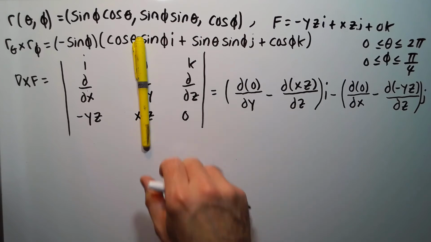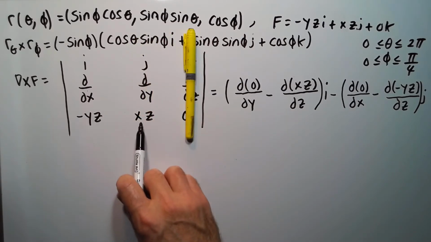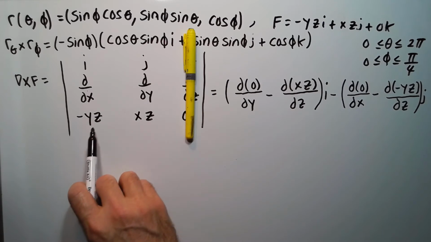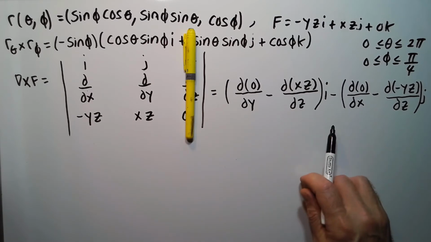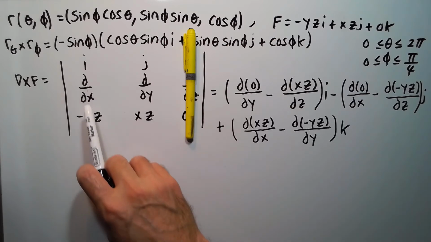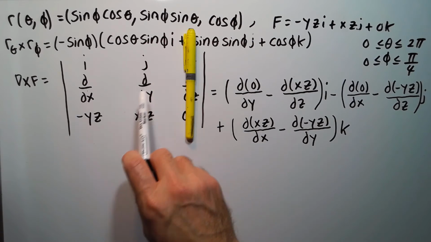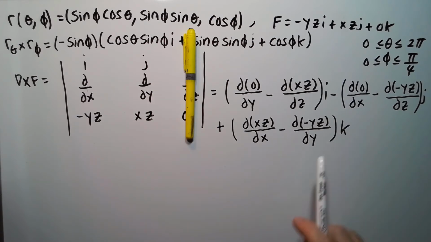Okay, then we'll do the k component. So partial x operator acting on xz minus partial y operator acting on minus yz. Let me write that here. So I get this then, so partial x operating on xz here minus partial y operating on minus yz here.